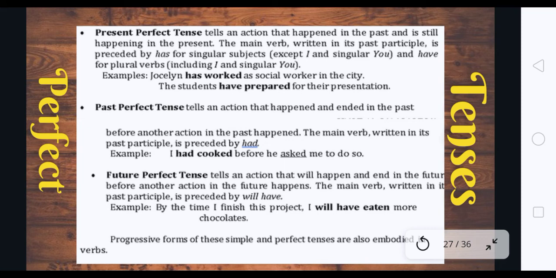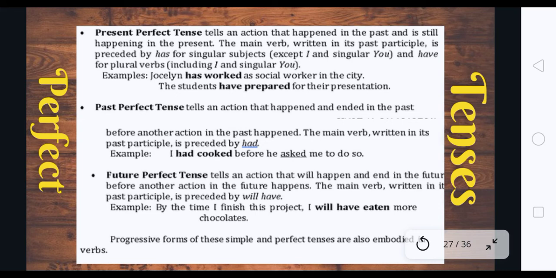So for the first example, Jocelyn is our subject, has worked, since the pattern is has for singular plus the past participle of the verb, which is worked.